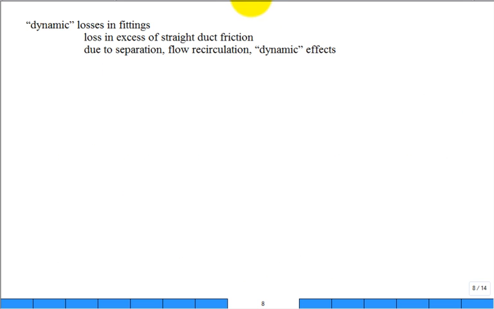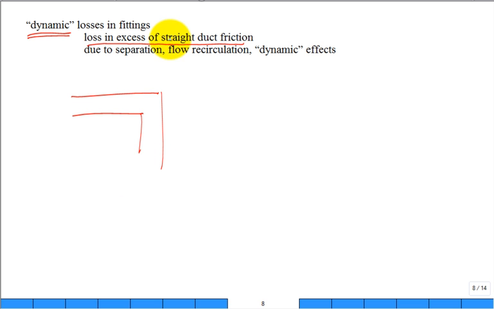There's some interesting terms when you do air systems. They'll talk about the friction loss, and then they'll talk about a dynamic loss. What does dynamic loss mean? Well, it's a loss that's not in the straight run of the duct. The dynamic loss is due to when you turn a corner.